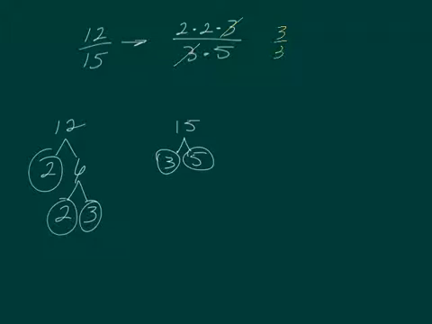And if you remember from the last section, any number over itself is equal to 1. 1 doesn't change any of this, so we just cross those out. Which leaves me with 2 times 2, which is 4, over 5. So 12/15 reduces to 4 over 5.